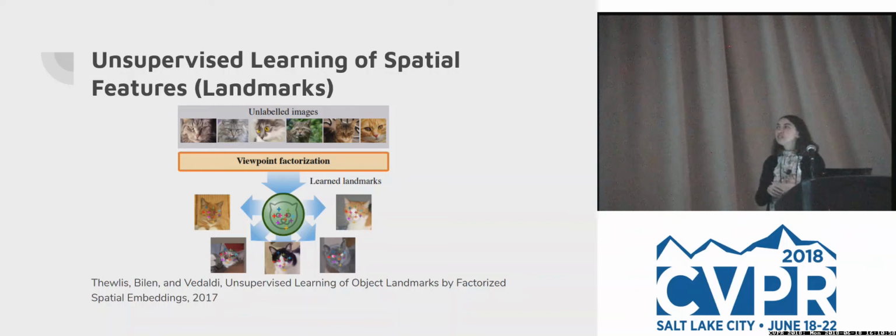And the input here is a set of unlabeled images. For example, you have a lot of images of cats, or a lot of images of faces, and you would like, only from this data, to be able to find whether there are any special landmarks that are consistent no matter if I change the person identity, or the cat, or the viewpoint, and so on. So this is basically landmark learning in an unsupervised way from a set of unlabeled images.